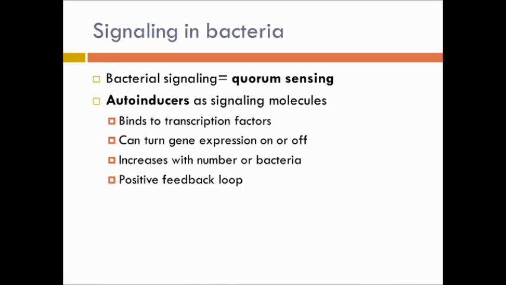So scientists found out that bacteria can actually tell how many other bacteria of the same species are around them. So that's how they came up with the name quorum sensing. Quorum is, in politics, the number of members required to be present to vote on an issue. So in this way, bacteria can sense the amount of bacteria of their same species.